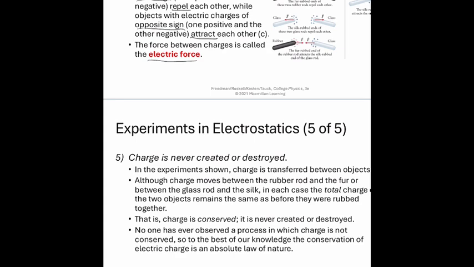So anytime that we are vigorously rubbing these rods, okay, we are only moving charges around, specifically electrons, okay? We're moving charges around. They are not disappearing to another universe. They are not appearing from another dimension, okay? They're just simply being moved around. Every charge that has ever existed in our universe today has always been there.